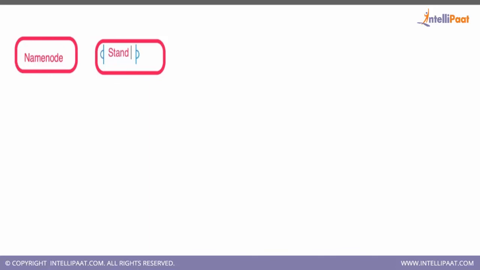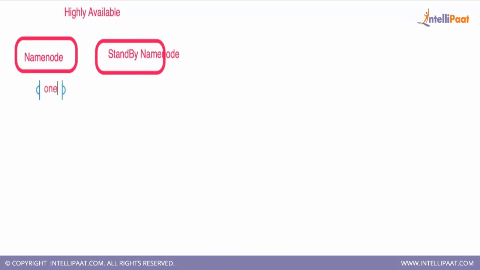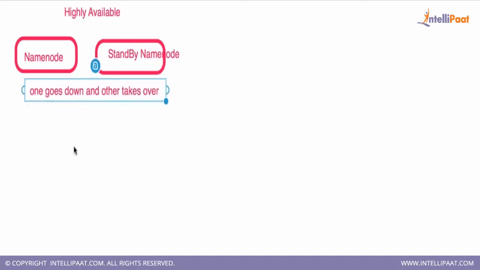There are two options: one is secondary, and now in high availability you have a standby name node. This is highly available, which means one goes down and the other takes over. That's the idea. Are we clear with this?